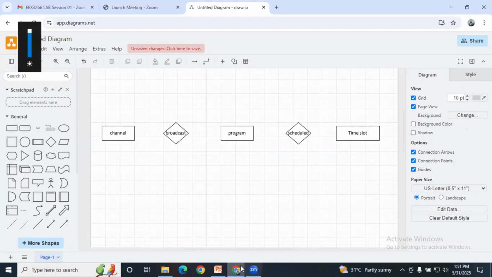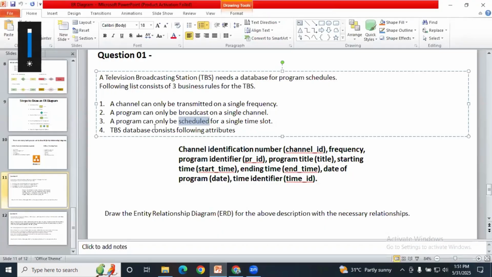So in here, they are saying the TBS database consists of the following attributes. The attributes are channel identification number, frequency, program identifier, program title, starting time, ending time, date of program, and time identifier.